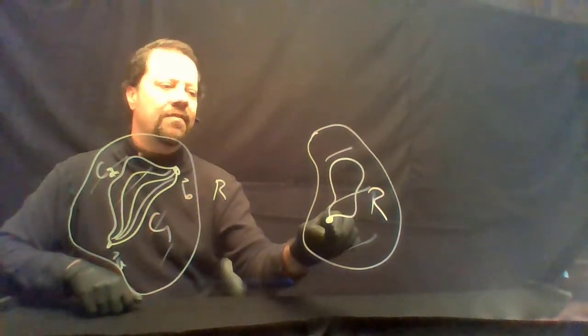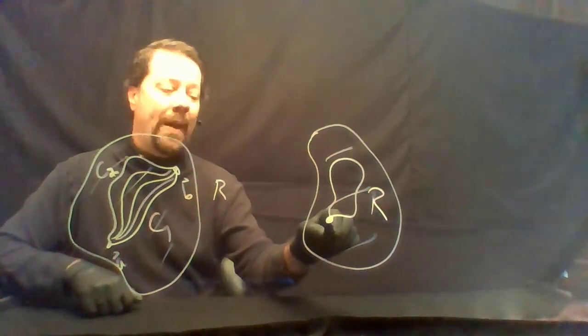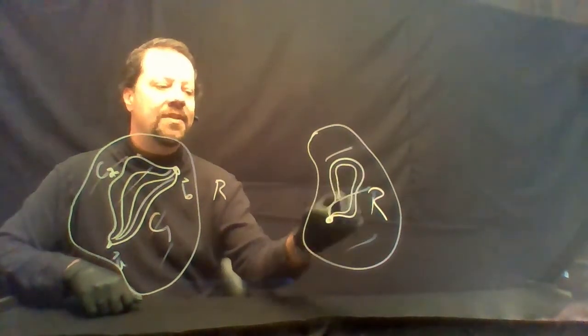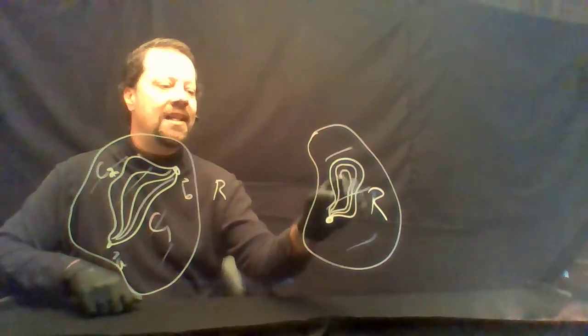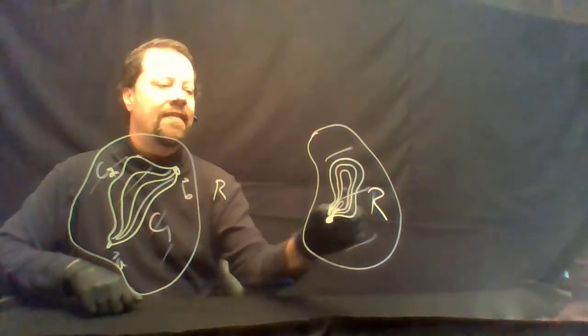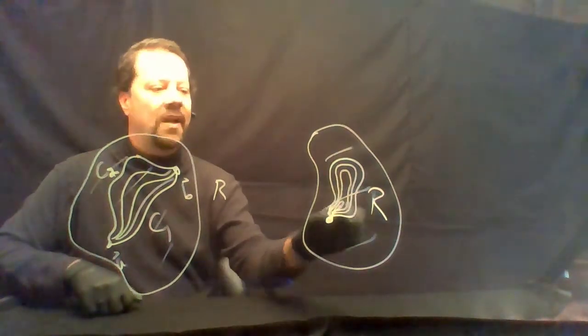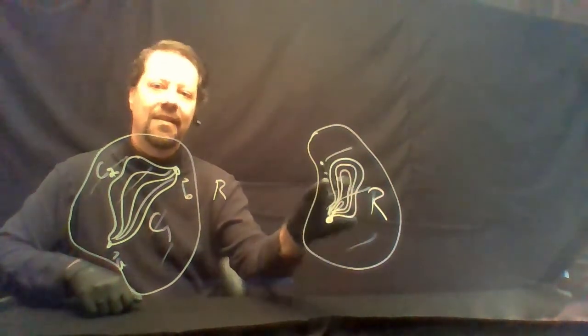We say that this curve is homotopic to a point within R if there's a sequence of curves, a continuous deformation of curves that contract the curve to a point where each of the intervening curves is within R.